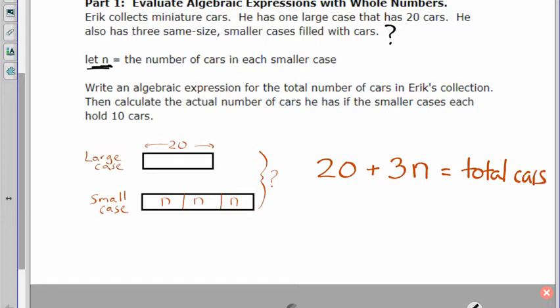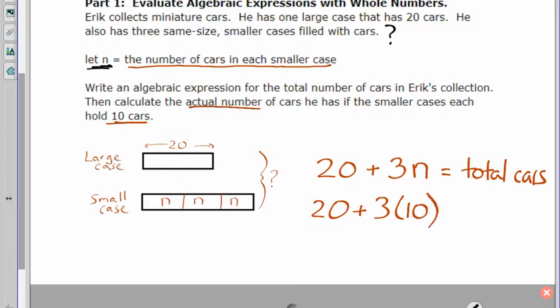that Eric has. Now the next part of the question asked me to calculate the actual number of cars if each smaller case holds 10 cars. And so what I'm going to do is, since n is the number of cars in each of the smaller cases, I'm going to substitute the variable n with the number 10. So I get 20 plus 3 times 10.